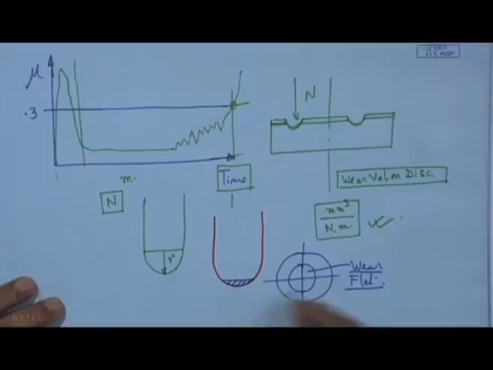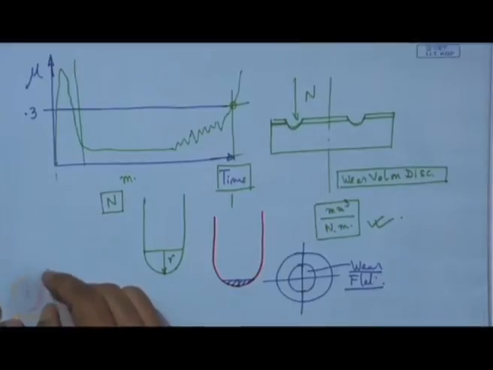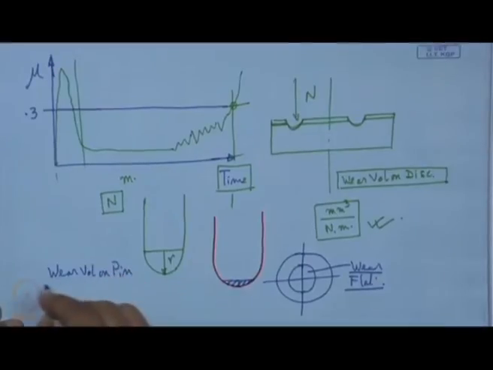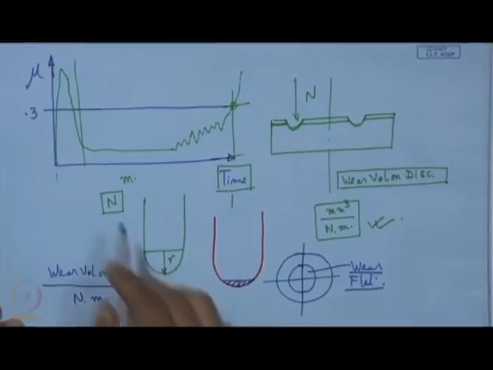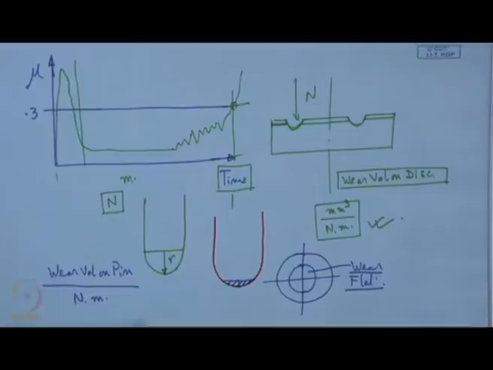So, from the width of this wear flat, its diameter and this depth, that is also calculated, and this volume can also be determined. So, the wear volume on the pin is divided by this Newton meter, which means this normal load travelled a distance of so many meters.